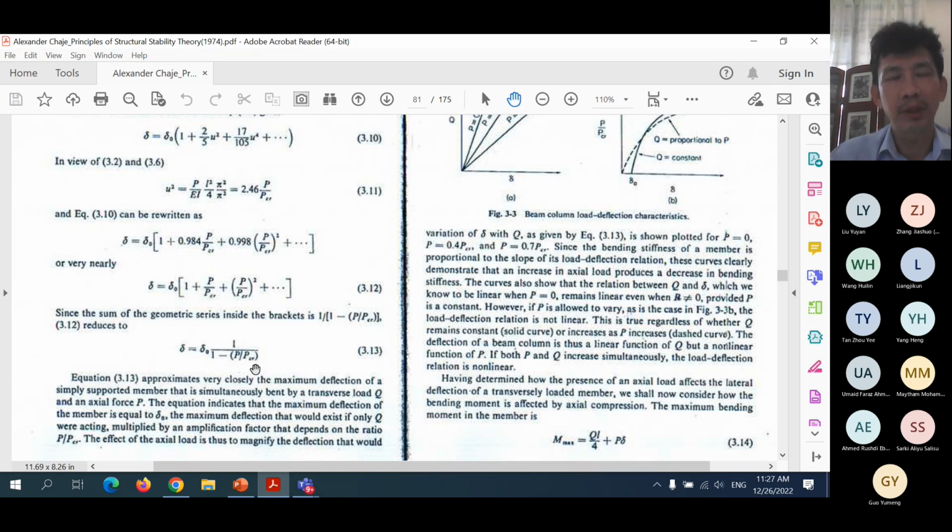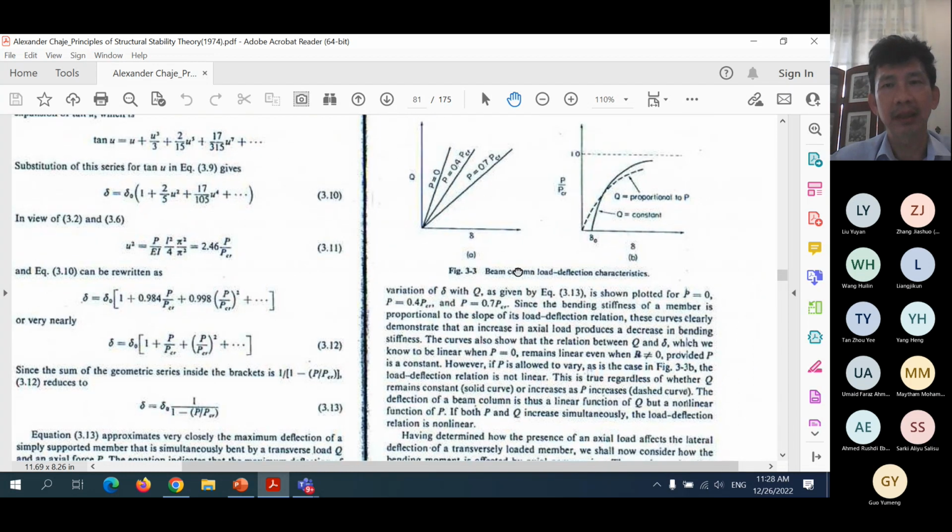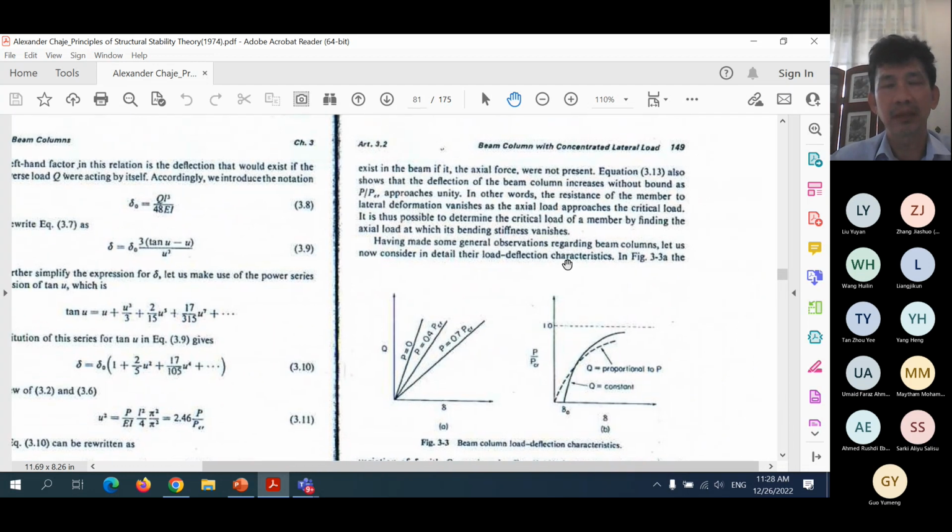If P is equal to P critical, meaning 1 minus 1, then you get 1 divided by 0, infinity. It means the deflections will become very, very large, infinity, when P is equal to P critical acting, which is not possible, but that gives us a criteria that can be used to determine critical load.